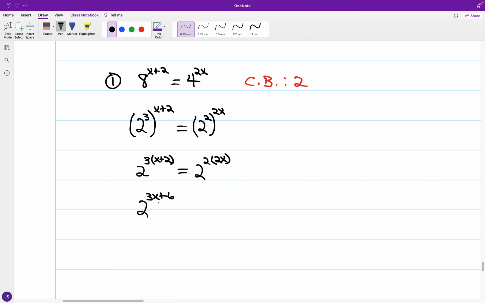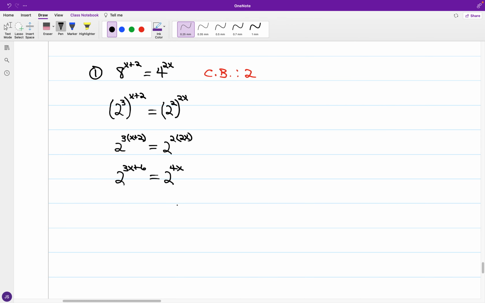And we have 2 raised to the 3x plus 6 power, and that's going to be equal to 2 raised to the 4x.